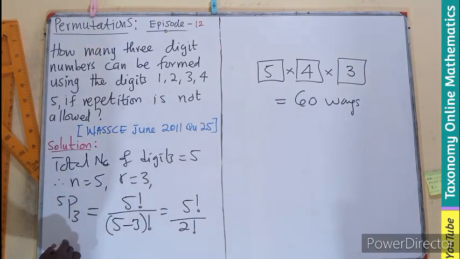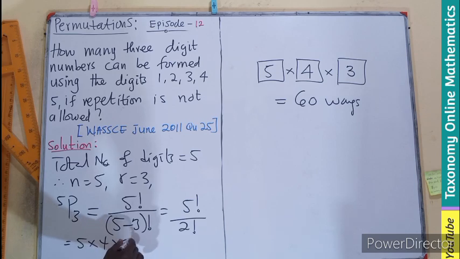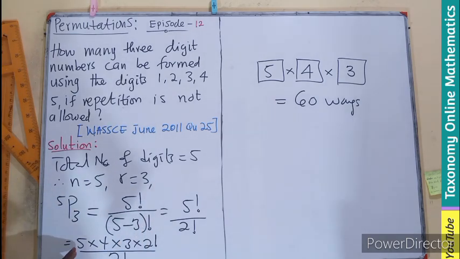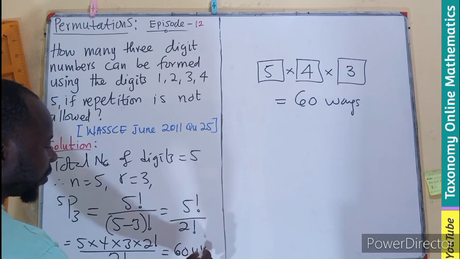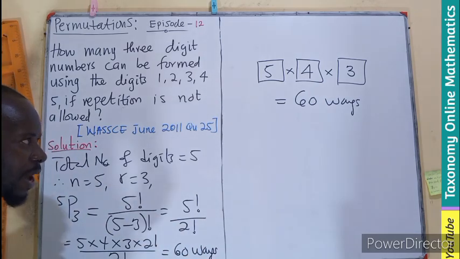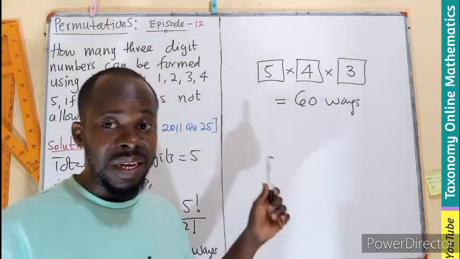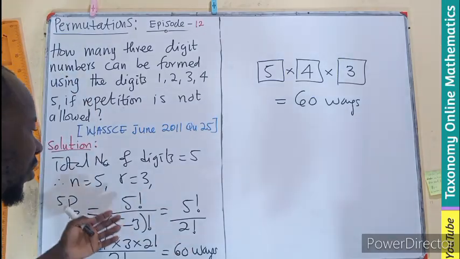This simply means I have 5 times 4 times 3 times 2 factorial divided by 2 factorial. So the factorials cancel. We are back to 5 times 4 times 3, which will still give you 60 ways.